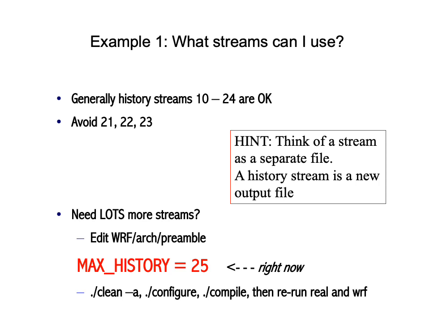We've already used streams 21, 22, and 23 for things like isobaric data, pressure level data, height level data, etc. If you need more streams, there is a single line in the Arch preamble inside of the WRF source code. It simply says max history is equal to 25. If you set that to a larger number, again, clean -a, configure, compile, that will allow you to run however many streams you would like to have.